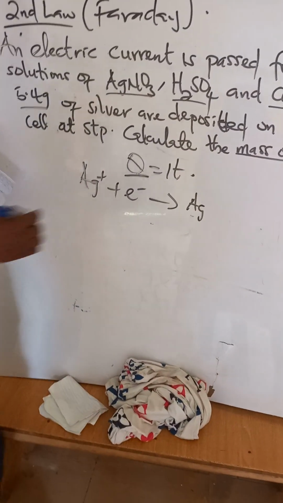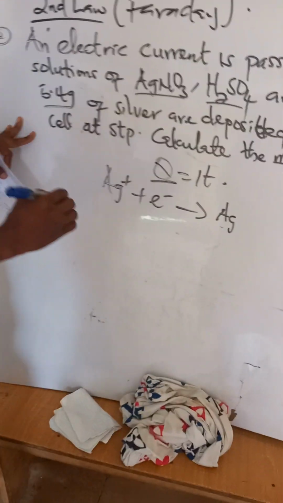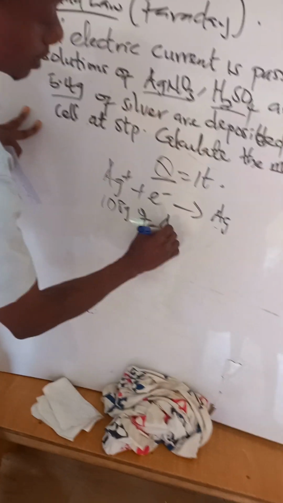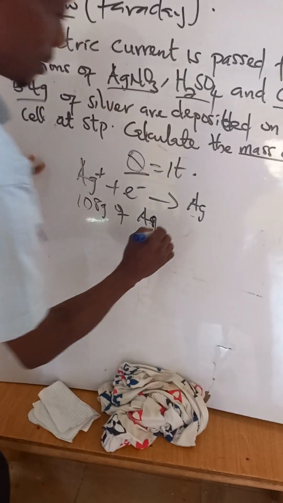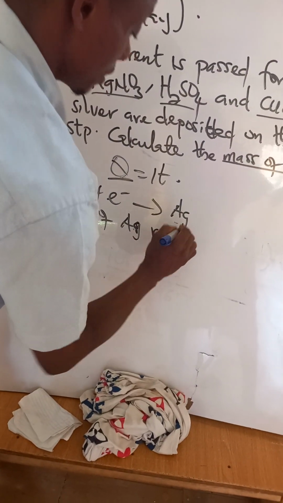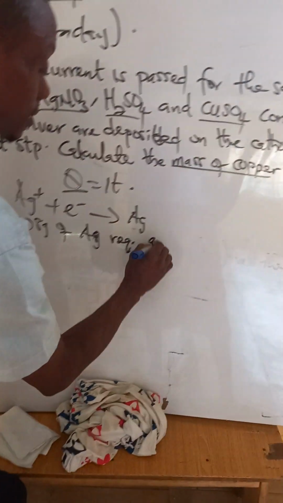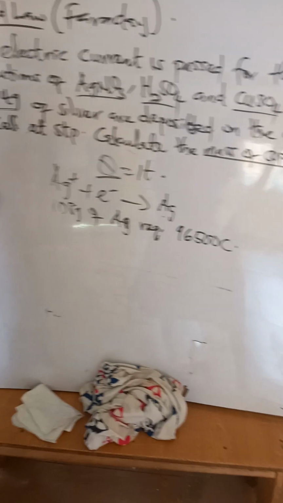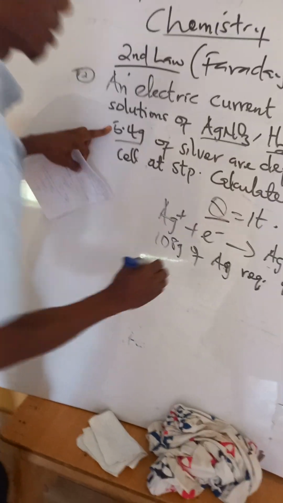Since we know that 108 grams of silver requires 96500 coulomb, how many coulomb will 5.4 require?